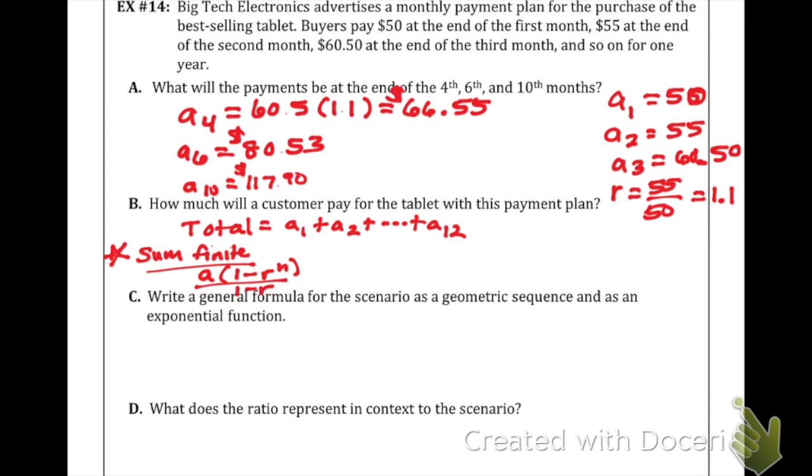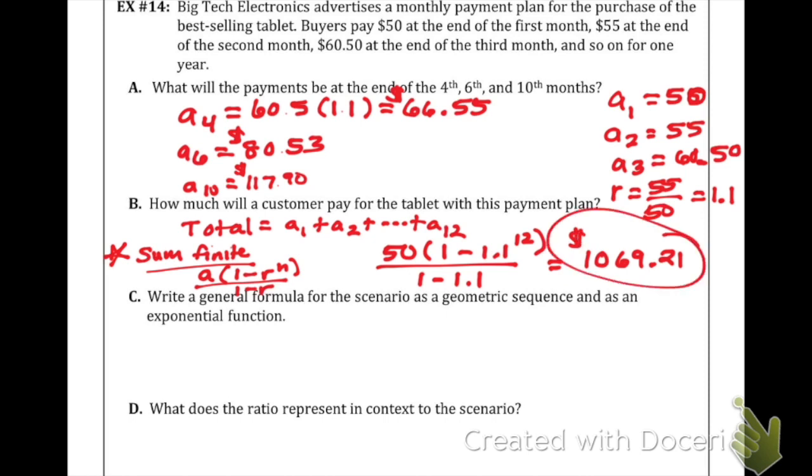So my first term is 50 times 1 minus 1.1 to the 12th, all over 1 minus 1.1. Putting that into my calculator gets us $1,069.21. So we can either use the formula or you could just literally add up the 12 terms. That would work too. The formula is probably a little bit easier.